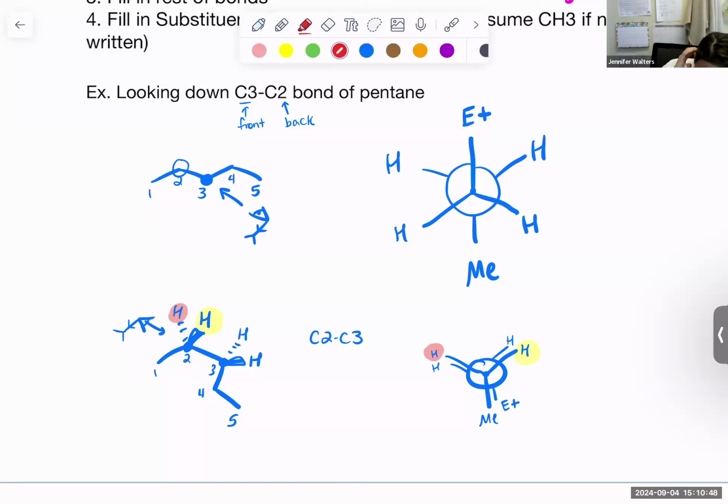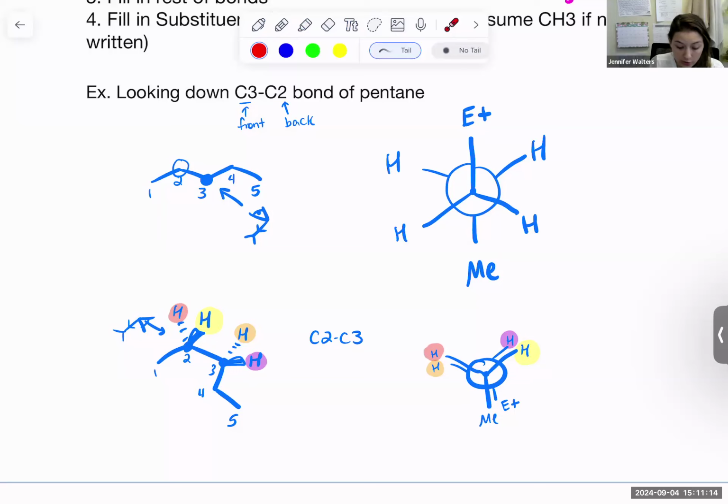Let's do purple and orange. The purple wedged hydrogen on carbon 3, that's on my right-hand side. The orange hydrogen on the dash on carbon 3, that is the hydrogen on the left-hand side off of carbon 3, off the circle.